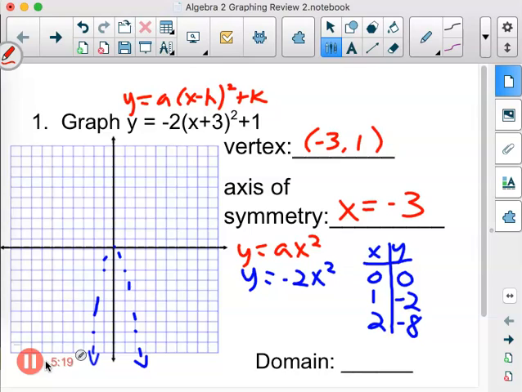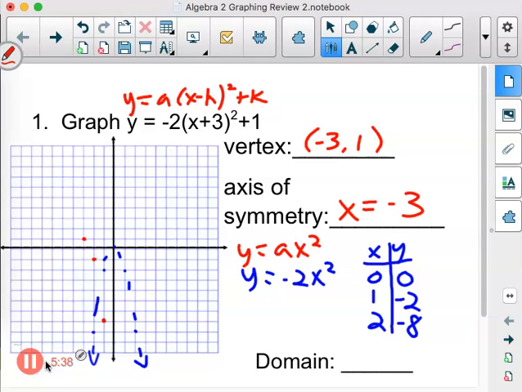Exactly. So it's going to go 3 to the left and up 1. And I'm just going to take those nice points that I had before. My 0, 0 is going to go 3 to the left and up 1. My 1, negative 2, 3 to the left and up 1. And my 2, negative 8, 3 to the left and up 1.